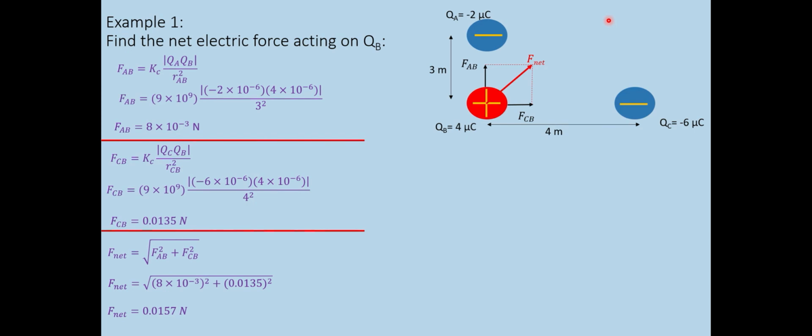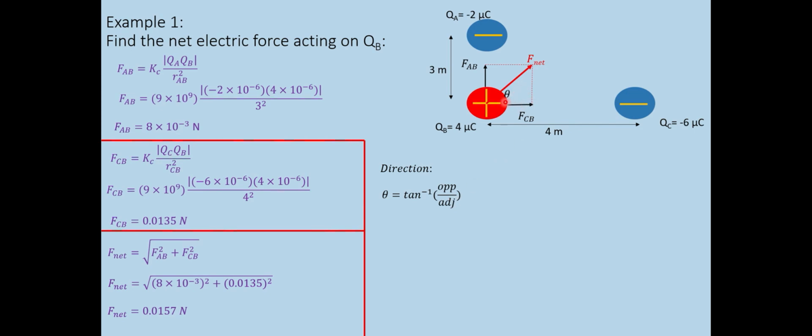We still have to find its direction. To find the direction, we have to find the reference angle from the positive x-axis going counterclockwise. I will choose this angle. So theta is equal to tan inverse of opposite over adjacent.